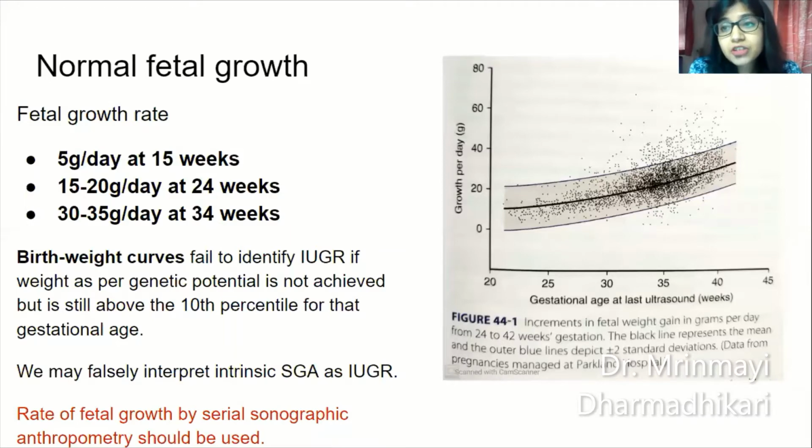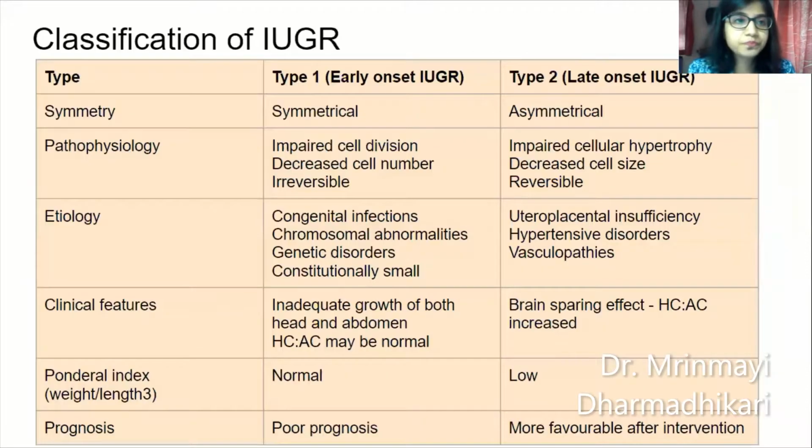By anthropometrical parameters, I mean the abdominal circumference, the head circumference, the biparietal diameter, and the femur length. The rate of growth of these individual parameters will be normal in constitutionally small babies, but they will be reduced in growth restricted babies. So that's how you can differentiate between the two.